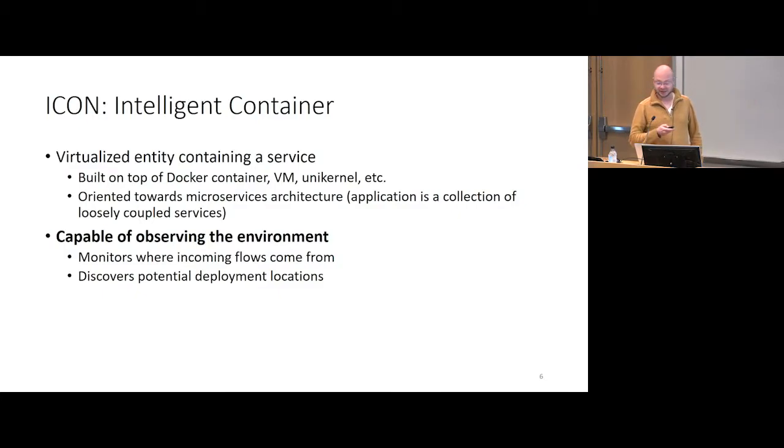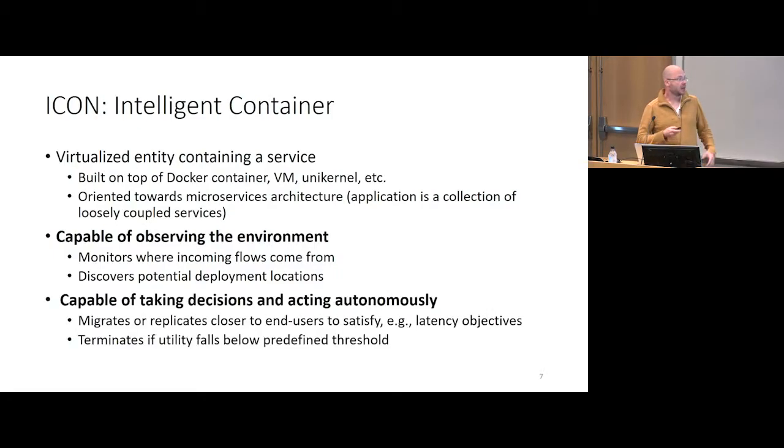It observes its environment, it monitors where user requests are coming from, and it discovers potential deployment locations, like where it could serve users better or follow the optimization goals more successfully. And once it gathers the information about environment, it acts, for example, migrating closer to end users, or even terminating if there are no users to serve.